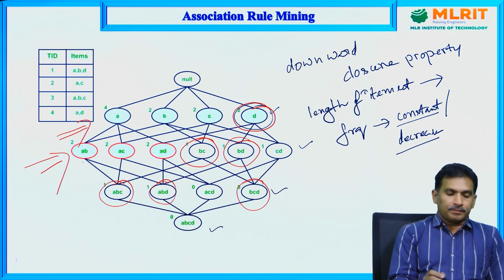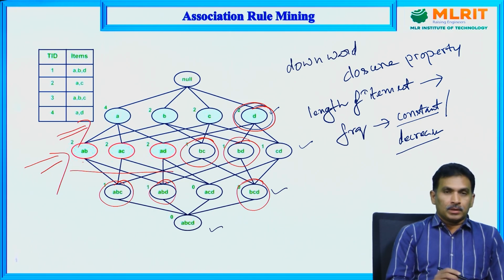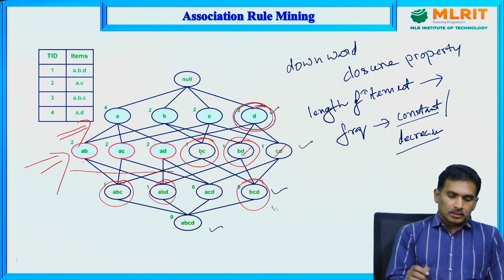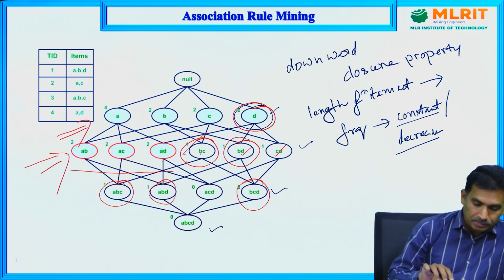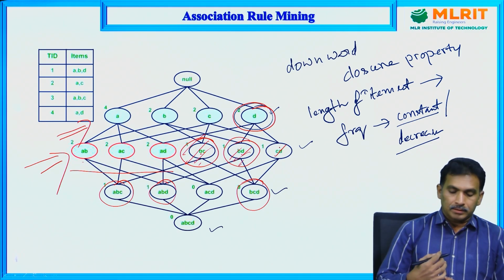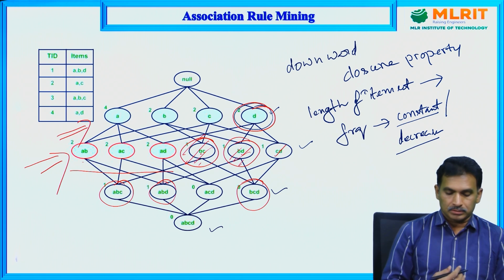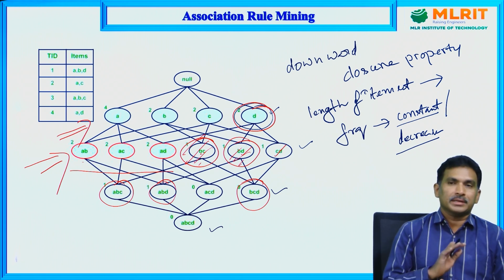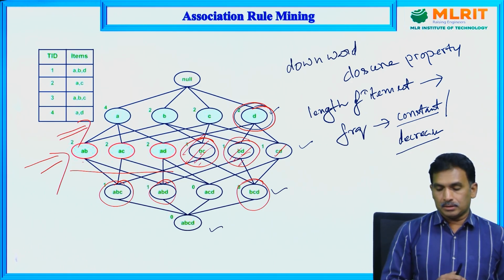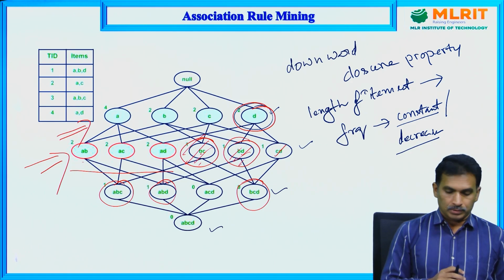Again we find the frequent item sets, but BC, BD and CD, these three are infrequent item sets. In the next phase, we will not generate the supersets of BC, BD and CD. This is the way, step by step, we reduce the item sets. So the entire search space would be drastically reduced, and the complexity would also be minimized. This is the way we generate the frequent item sets.